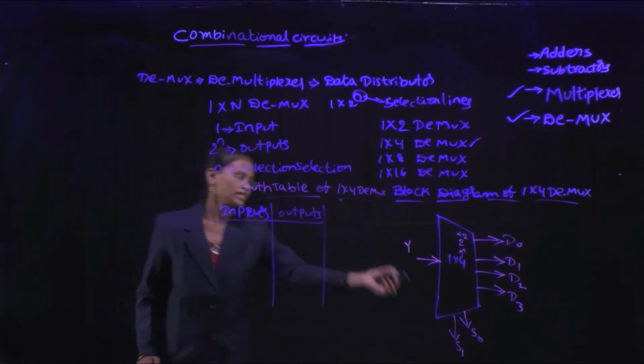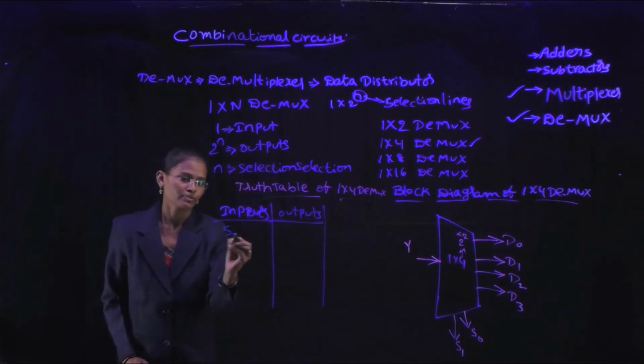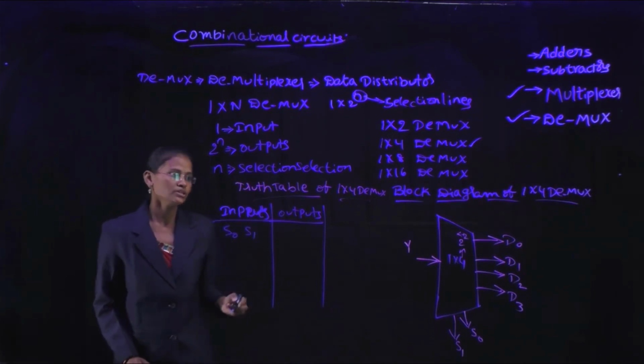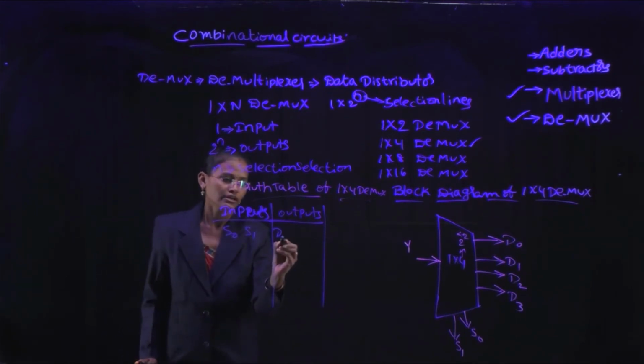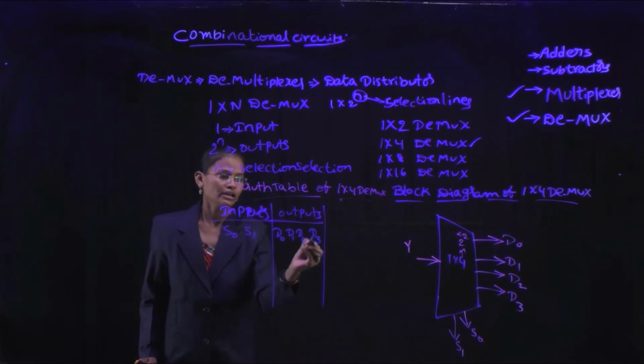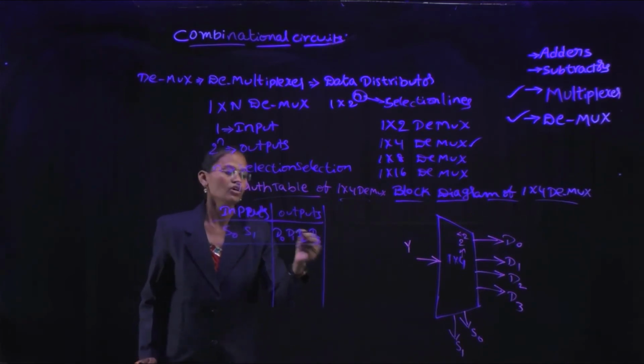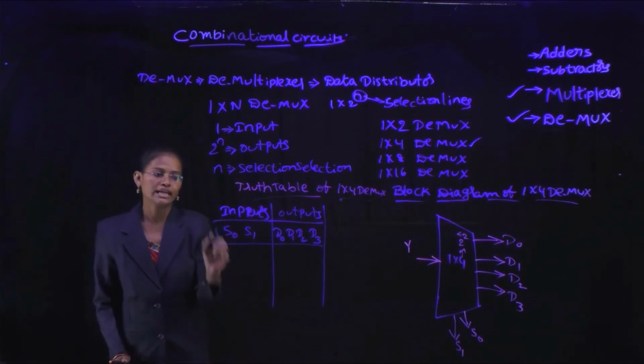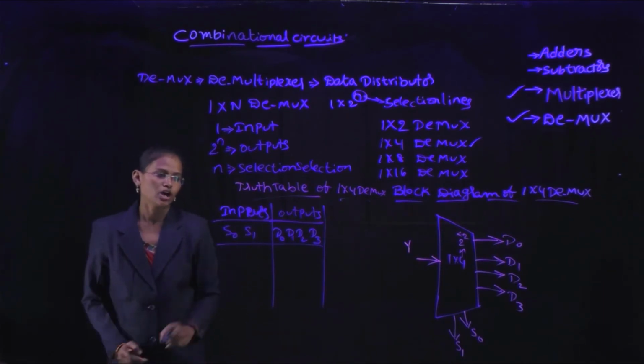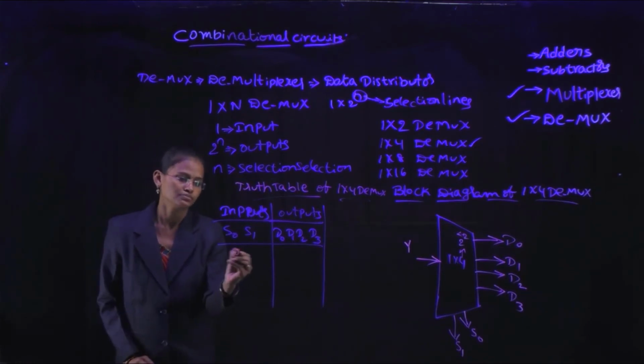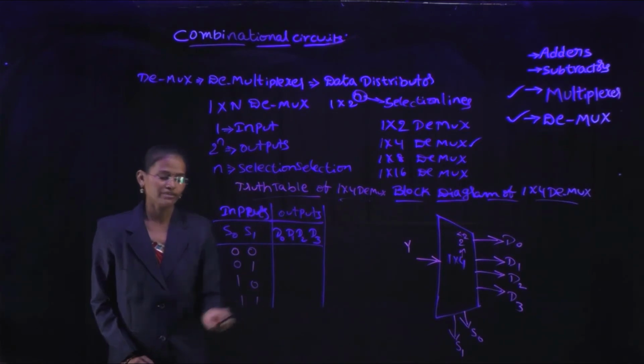What are the inputs here? S0 and S1, and outputs are D0, D1, D2 and D3. These are the 4 outputs. There are 2 inputs, so 4 combinations: 0 0, 0 1, 1 0 and 1 1.